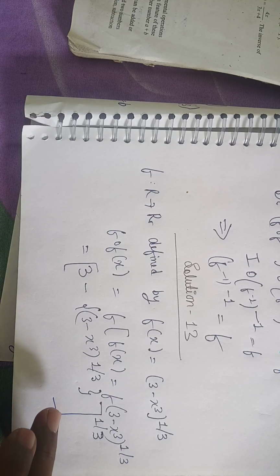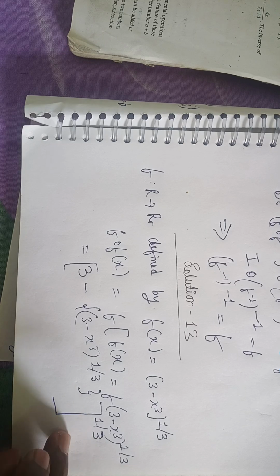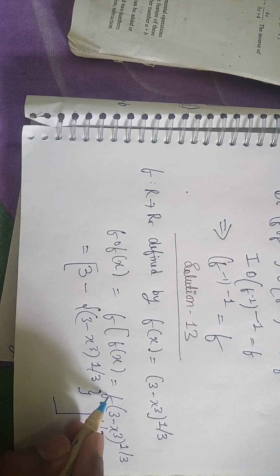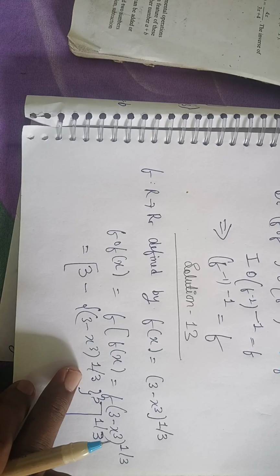First of all, according to the BODMAS rule, we are going to solve the bracket. Then 3 into 1 upon 3 is equal to 1, and then we move ahead.